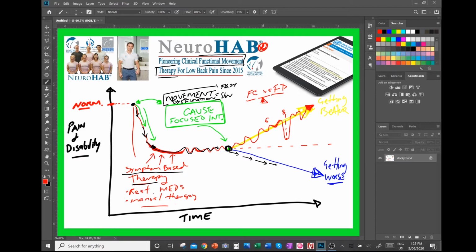And when people start to get a little bit better, they commonly engage in activities that exceed their capacity, and that of course can lead to a dip, and it can worry people that they're back to square one. But if you revert back to the basic principle that we're trying to teach you and re-implement movement proficiency in your activities of daily living, you very quickly come back up to that trend line.